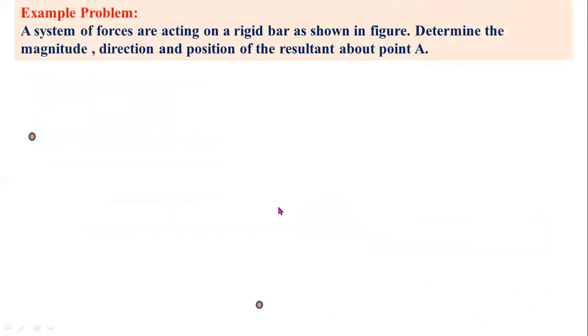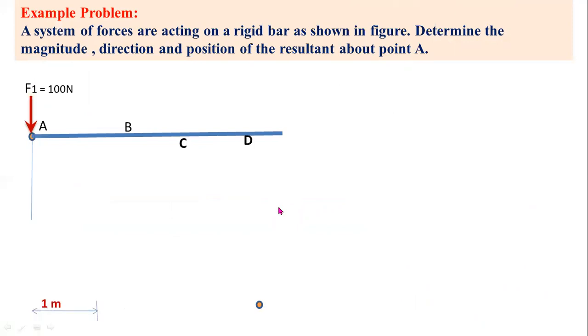Now coming to another problem, it is very important from the exam point of view. This 100 Newton force F1 is acting at point A, and this is the second force, F2 equal to 40 newtons. It makes an angle of 60 degrees with respect to the x-axis.